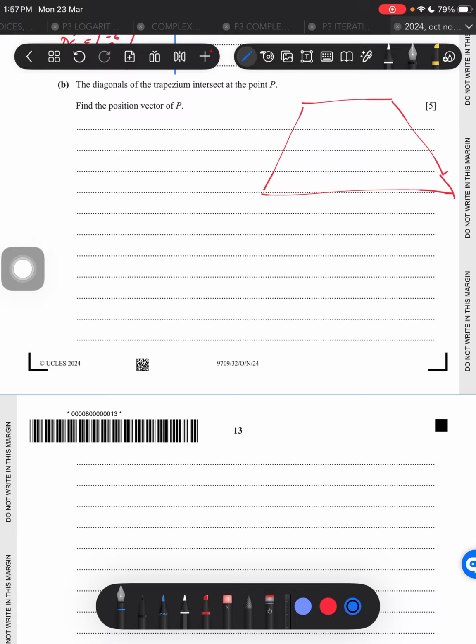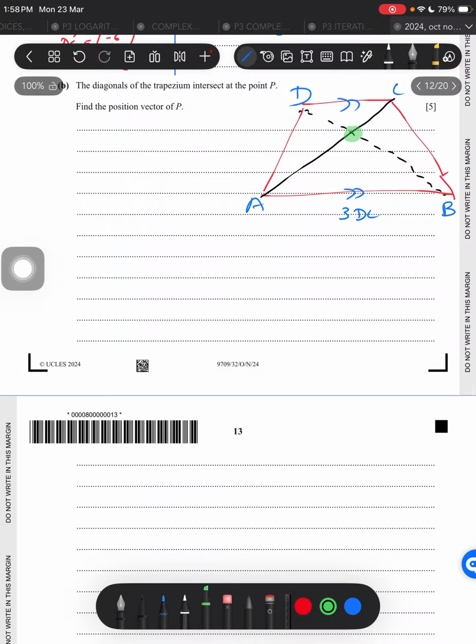Okay, this is AB and this is CD, so we know that AB is 3 times DC. The diagonals AC and BD, these two equations have to be found to get the position vector P, because they are intersecting at some point where the diagonals are meeting up here. That is point P.